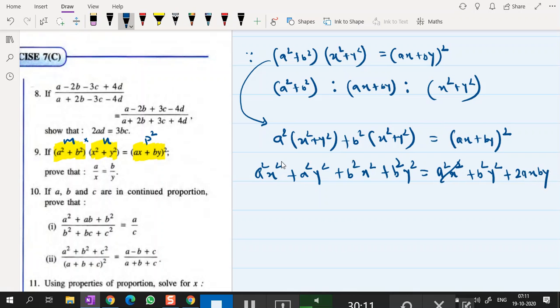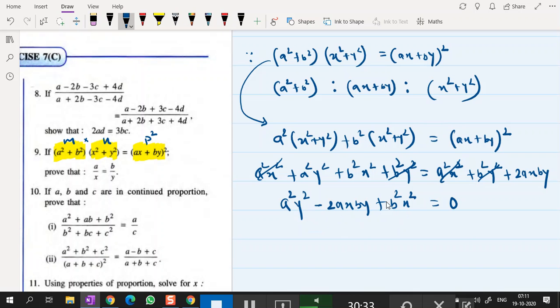So a square x square will get cut, b square y square will get cut, and we get, simplifying this, a square y square minus 2axby plus b square x square is equal to 0.